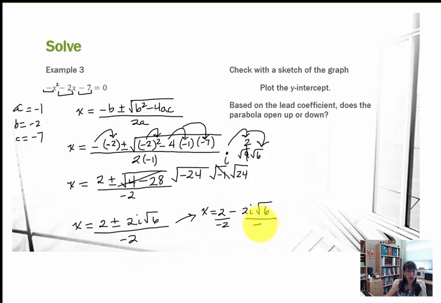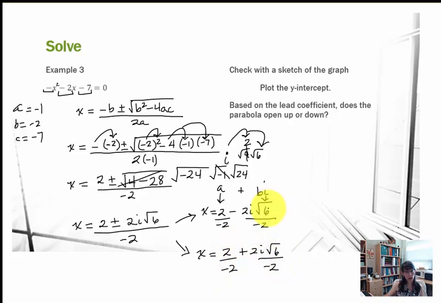I'm going to separate a from bi. That's our complex format. And the other solution would be x equals 2 plus 2i square roots of 6. Again, each term is divided by negative 2.